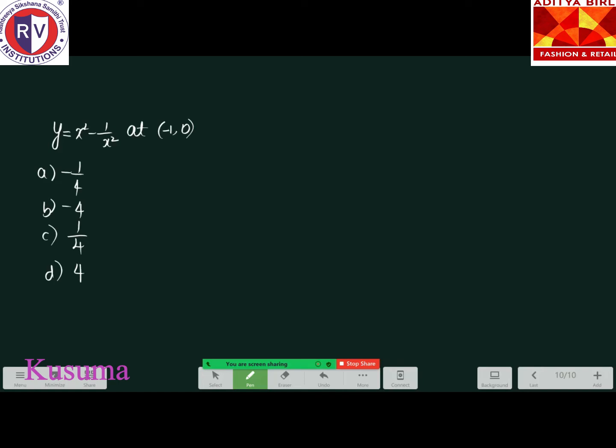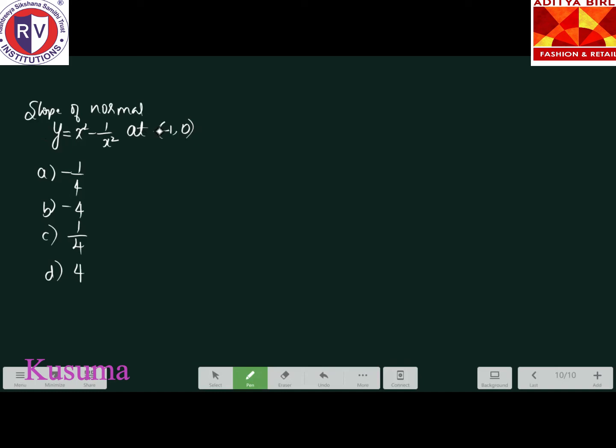What you are supposed to find out here is the slope of the normal. I told you that the product of the slope of the tangent and the slope of the normal will be equal to minus 1, because tangent and normal are perpendicular to each other.